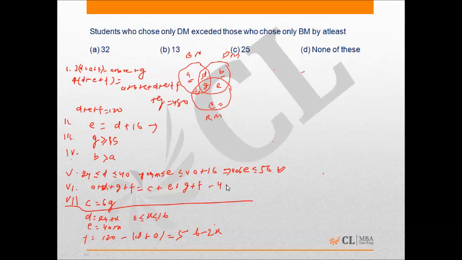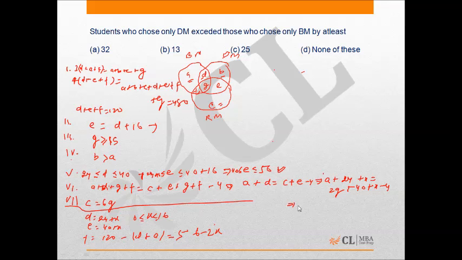We'll get A plus D equals C plus E minus 4, from where we'll get A plus 24 plus X equals C, which is 6G, plus E, which is 40 plus X minus 4.